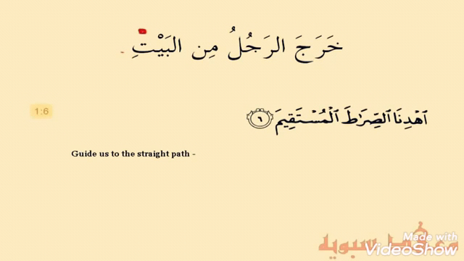Notice the last letter has a kasra. When we stop, we give it a sukoon. There's no sukoon written down, but we pronounce it as if there was a sukoon. For example, in Surah Fatiha, اهدنا الصراط المستقيم. It's mustaqima. There's a fatha there, but we don't pronounce that fatha when we stop.